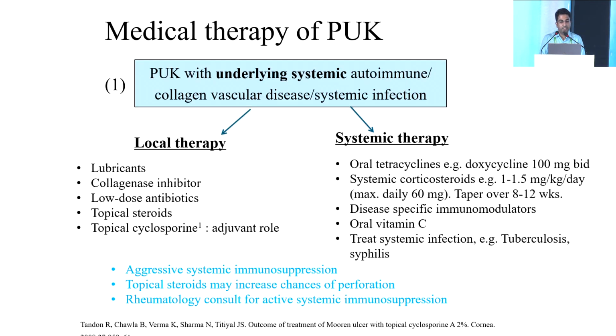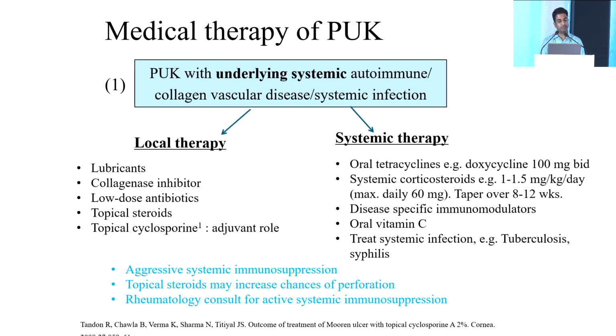So medical therapy of PUK in case of systemic autoimmune or collagen vascular disorders can be local therapy or systemic therapy. So copious lubricants for epithelial healing is very important. You can halt the collagen lysis with collagen inhibitors either topically or systemically, and low dose antibiotics for preventing infection or treat infection.